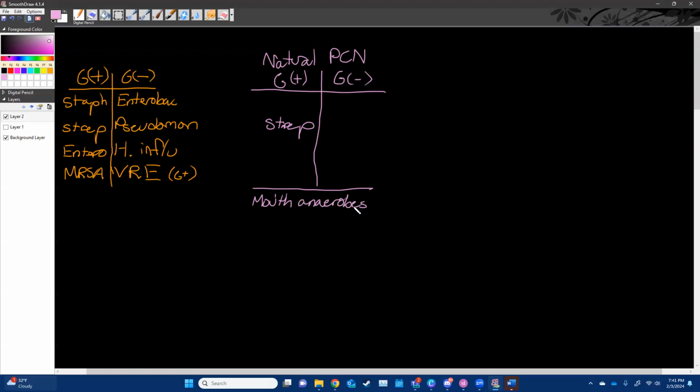But for the most part, we're talking about the Streptococcus. Where we can get Enterococcus coverage is if we use them in combination with something else.